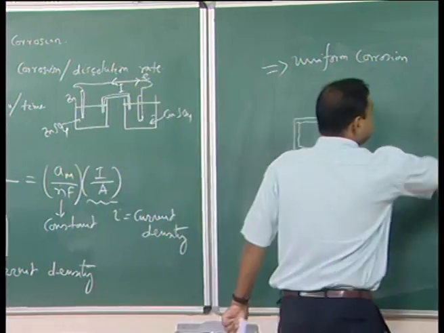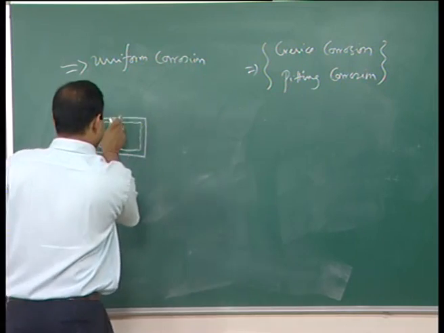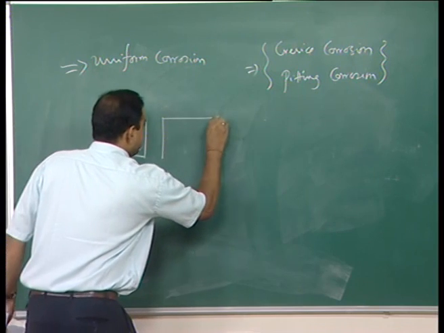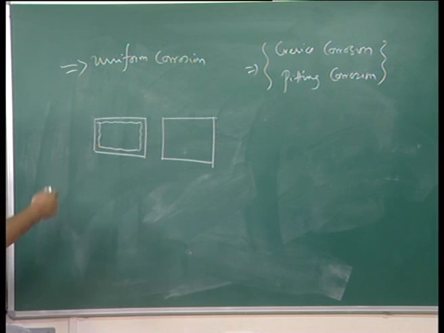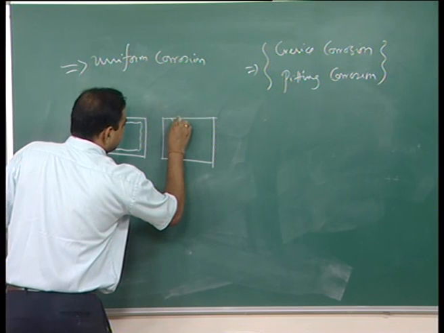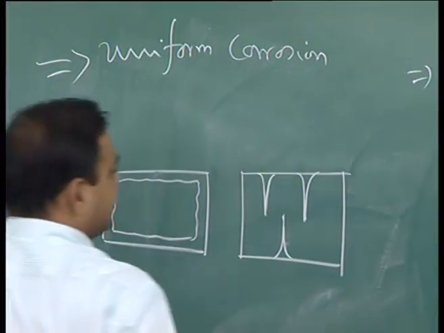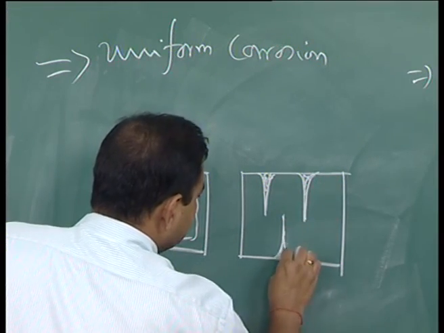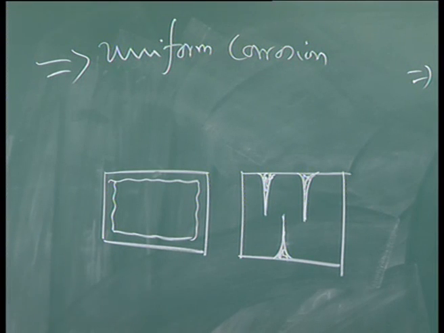In case of pitting or crevice, if you consider the same piece with the same cross-sectional area exposed to solution, corrosion is happening in some localized regions, and the corrosion is penetrating inside the volume of the metal.